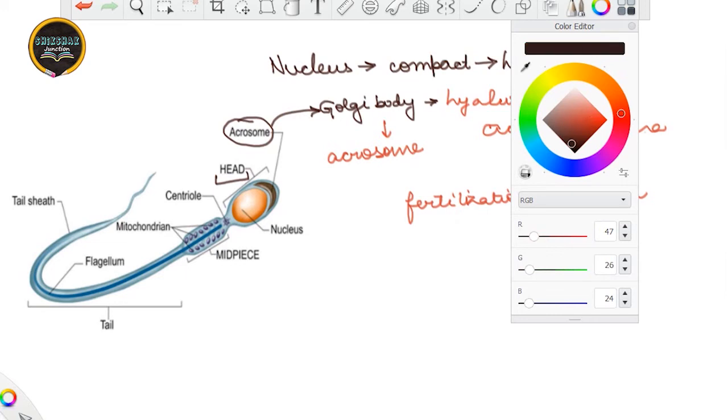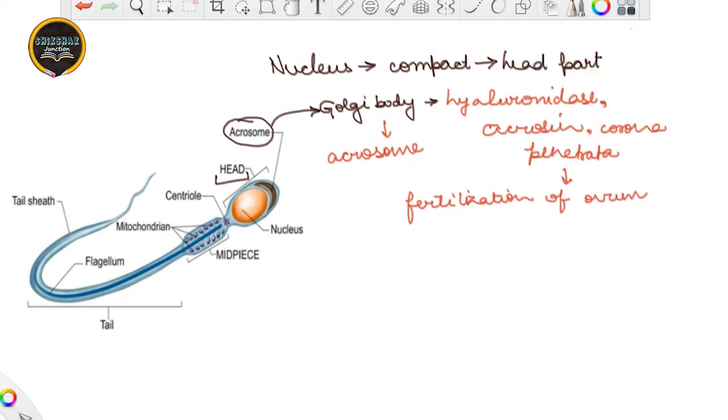Clear? Now coming on to the other organelles. Now this nucleus forms the head portion, okay, and the cap of the head is this acrosome part. Now when we move on to the neck region, it contains a very important structure that is known as the centriole.